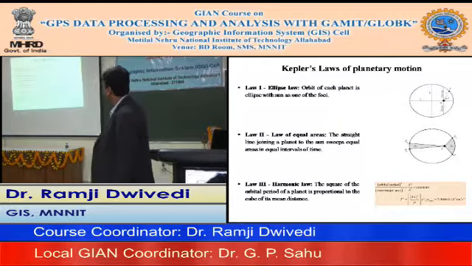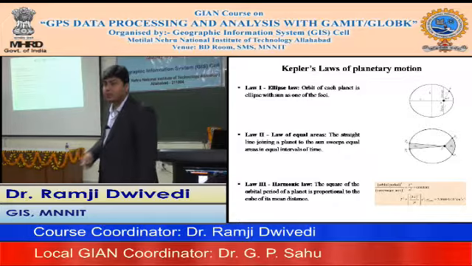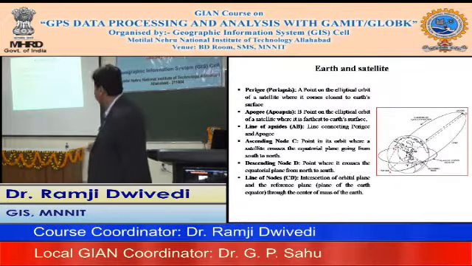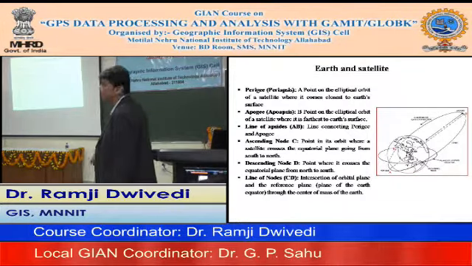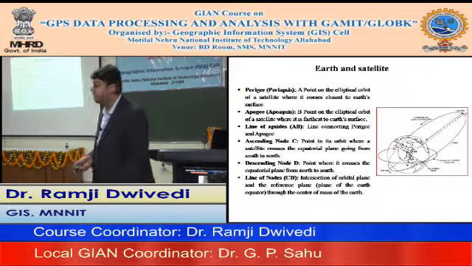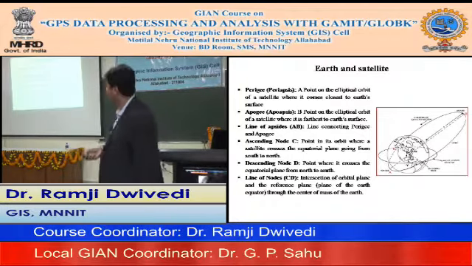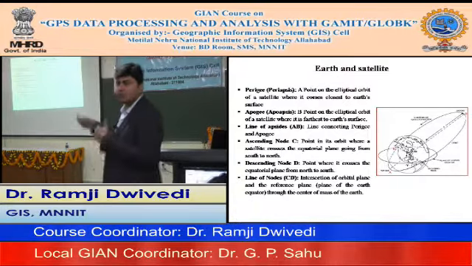Certain notations are very important, because when you read the navigation message, this information is provided in terms of certain parameters. So we'll see what information is actually provided. Perigee is the point on the elliptical path closest to Earth's surface. This is apogee, which is the farthest point.